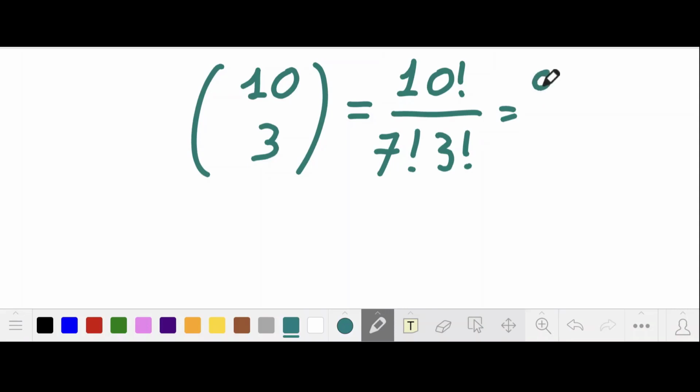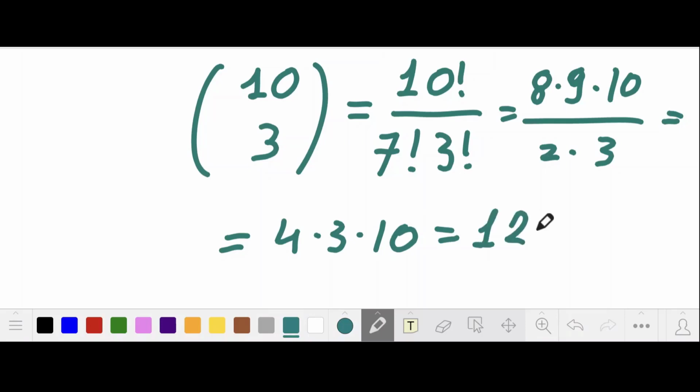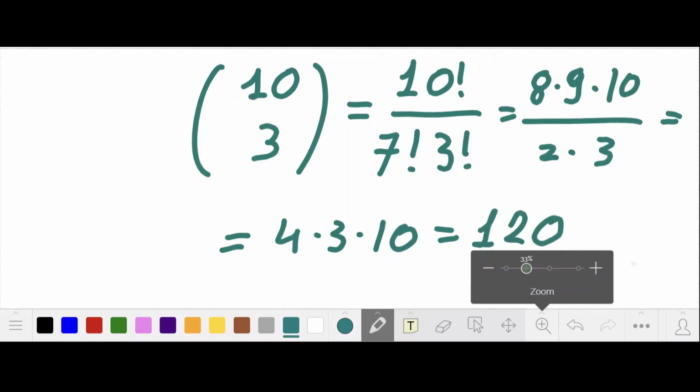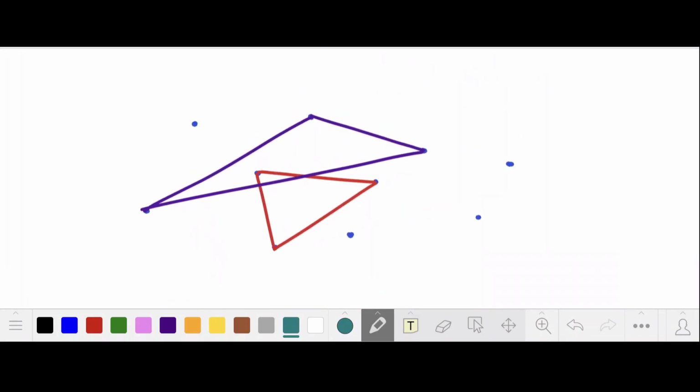That is equal to 8 multiplied by 9 multiplied by 10 divided by 2 multiplied by 3. That is equal to 4 multiplied by 3 multiplied by 10. And now we know that we can construct 120 triangles using these points in the plane as vertices.